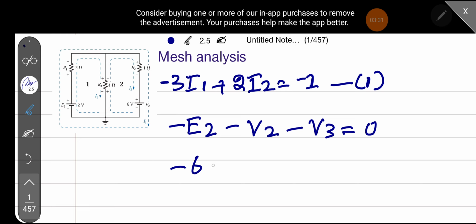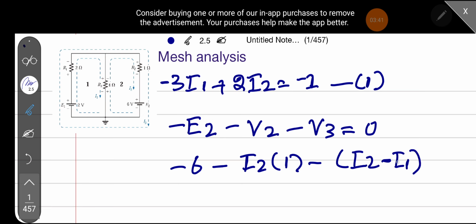Putting all the values in the equation, I2 with 1 ohm minus (I2 minus I1) with the 4 ohm resistance. Let's simplify this equation.